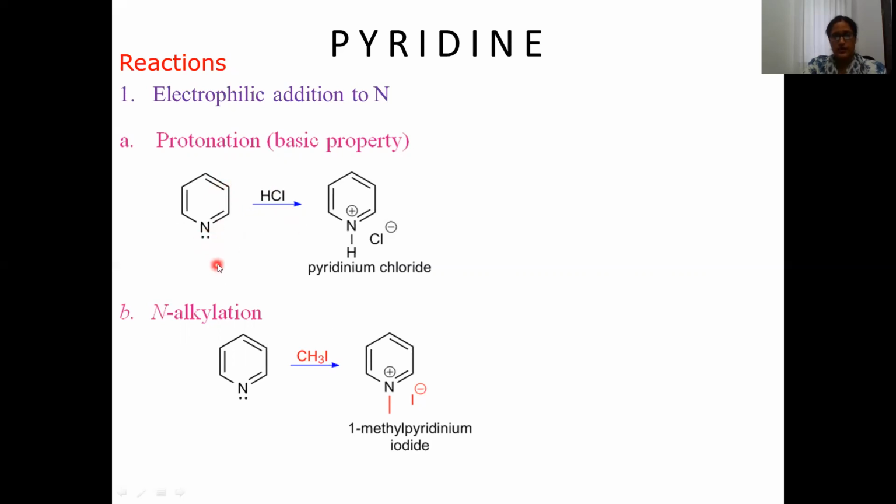Nitrogen will get protonated and form the pyridinium chloride salt. And this molecule reacts as basic in nature.